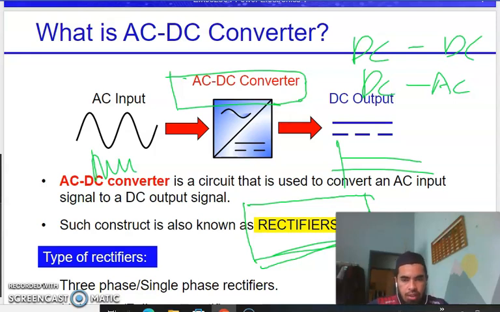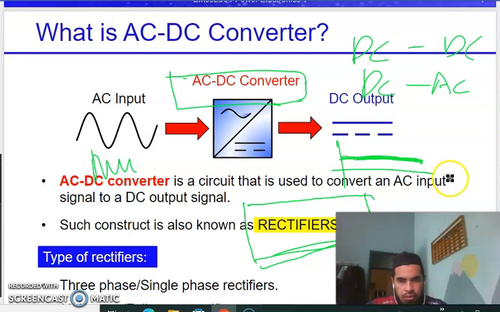We rectify the alternating waveform into a standard or average DC output. So this is the so-called rectifier, or AC to DC converter. It converts an AC input into a DC output signal.